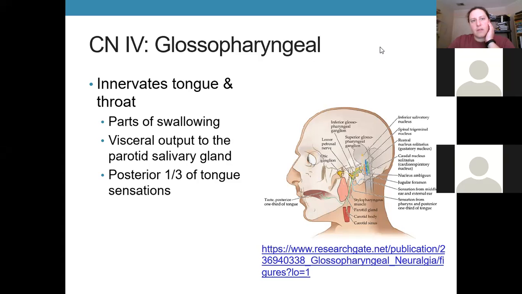All right, so this is the glossopharyngeal. This is the one where I have this typo that apparently I will never fix on my slide, cranial nerve 9. Okay.